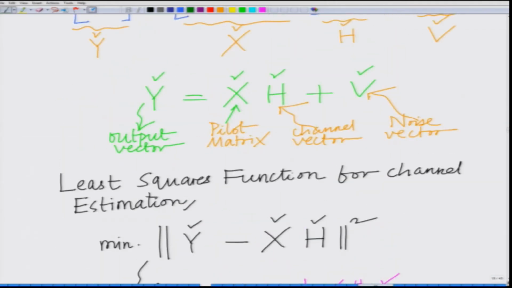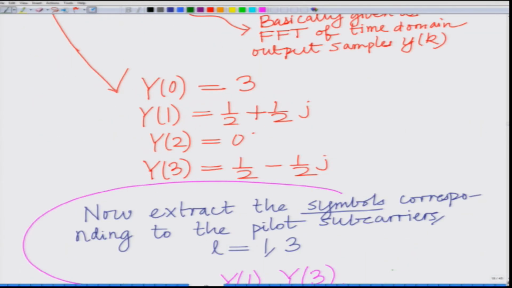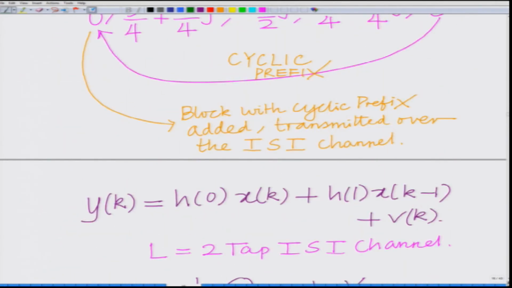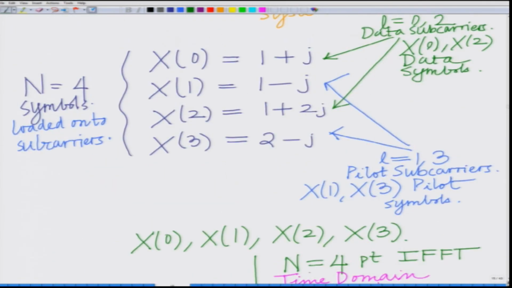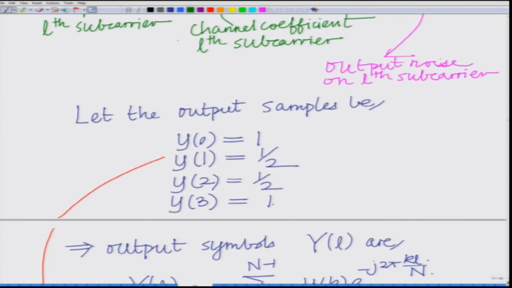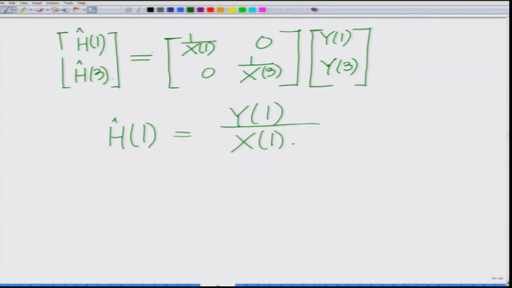For instance, y1 is something that we know from here, and x1 is a pilot symbol loaded onto subcarrier 1, that is 1 minus j, and therefore I can compute capital H hat 1, which is the estimate of the channel coefficient across subcarrier 1.